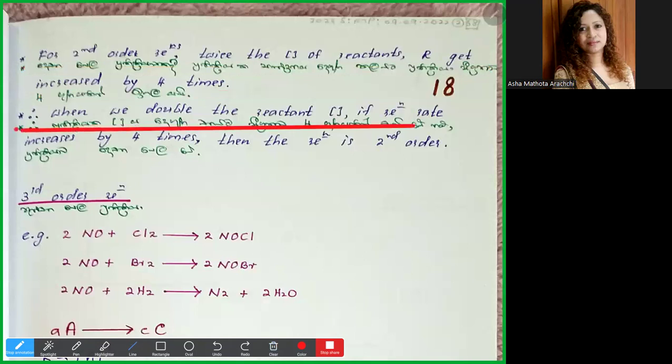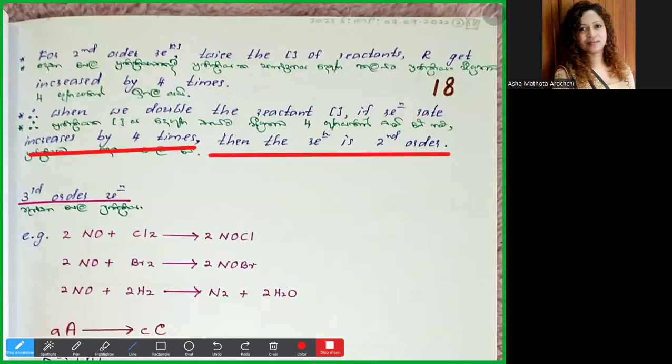Okay, so let's write the inverse of that. Therefore, when we double the reactant concentration, if the reaction rate increases by 4 times, then the reaction is second order.